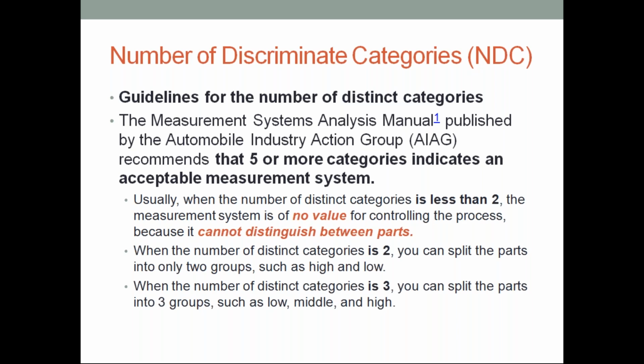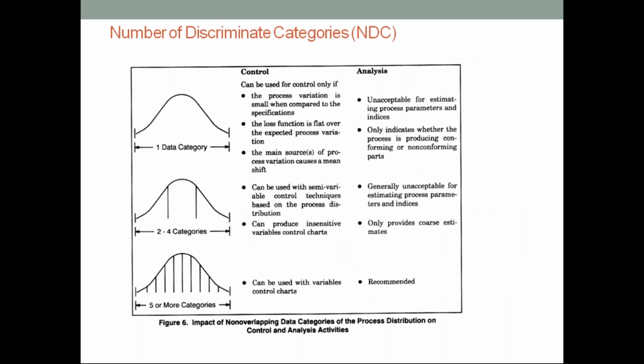But as you can tell, that's not very impressive when you're trying to make decisions on your process based on the process variation that the gauge can accurately discriminate. And here's another example. 1 data category, it's either in or out.